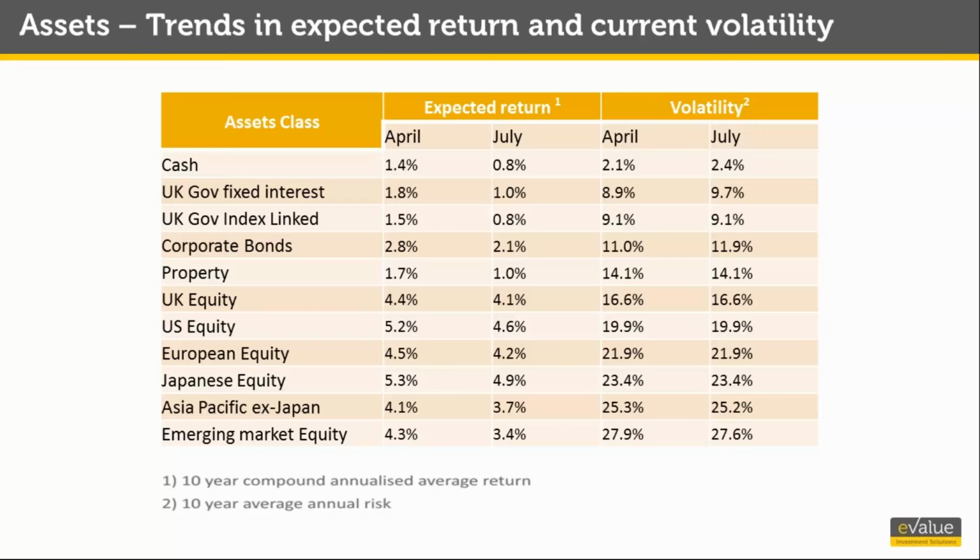The other bit that we will be reviewing, we haven't changed it this quarter, but it is definitely under review, is what to do with low risk asset classes, in that we have government bonds in there, but as those yields trend down towards zero, what else can we put in the low risk asset classes?